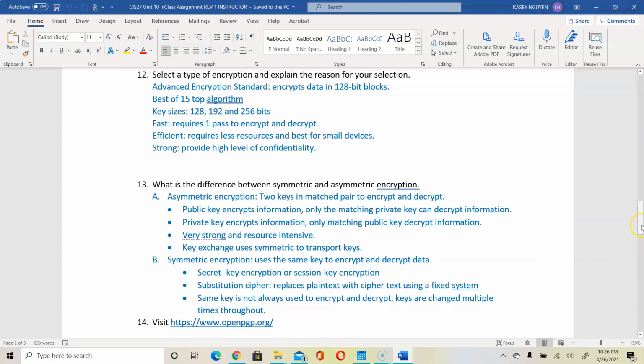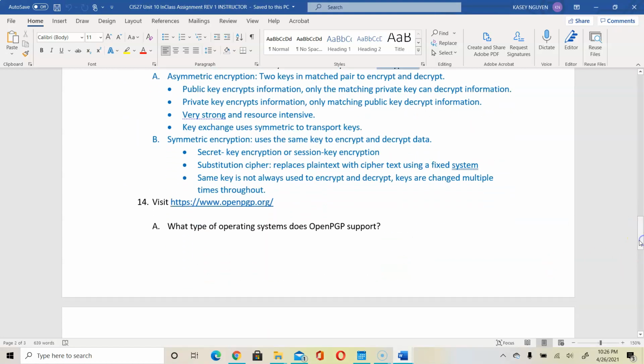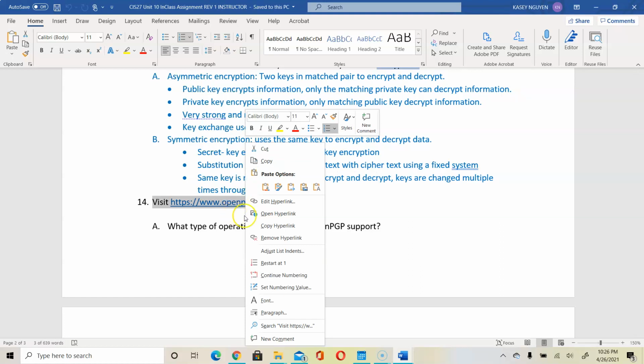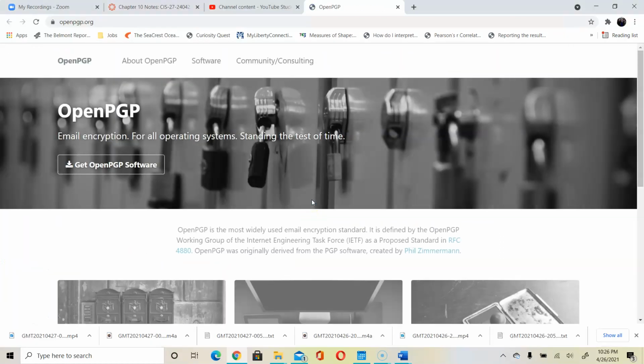So in the last part of the exercise, I want you to visit OpenPGP, and PGP stands for Pretty Good Privacy.